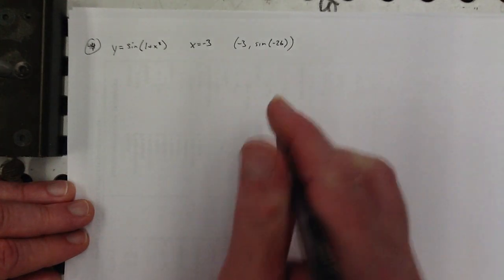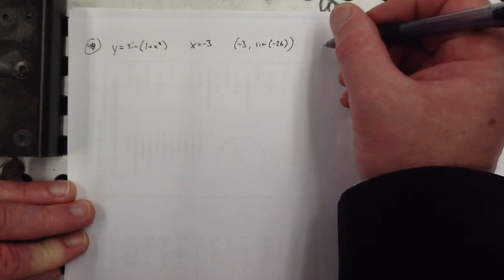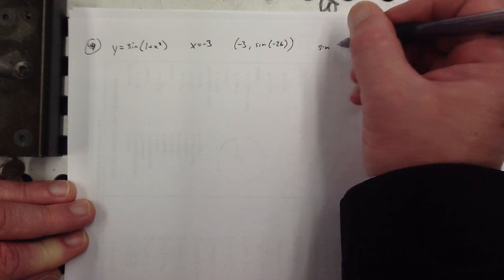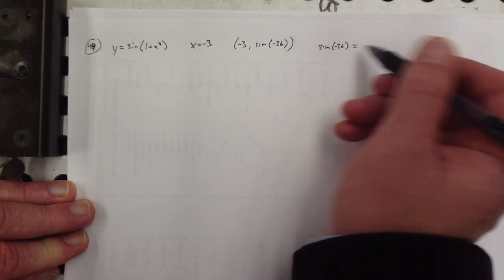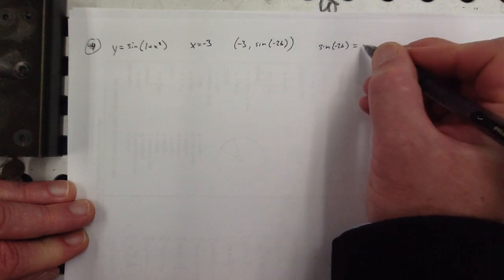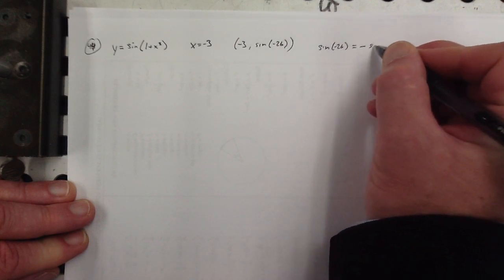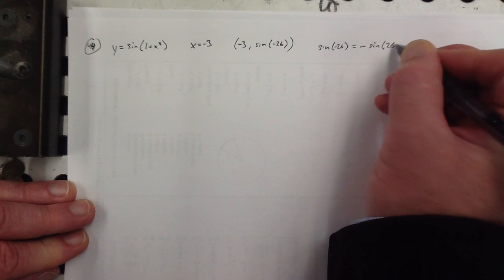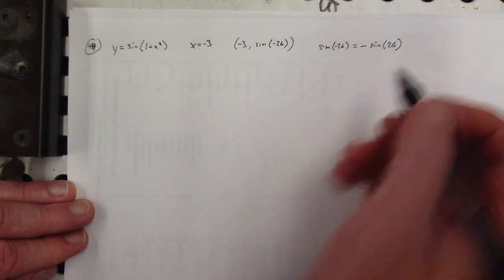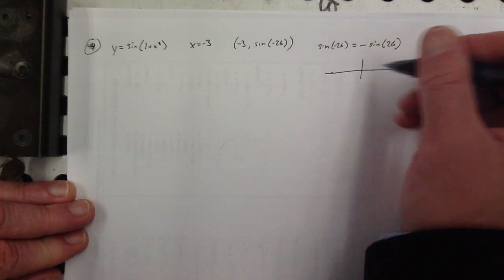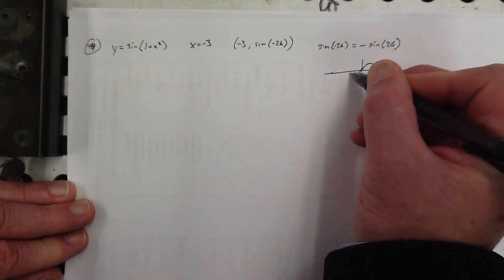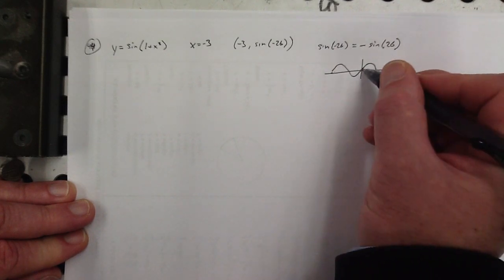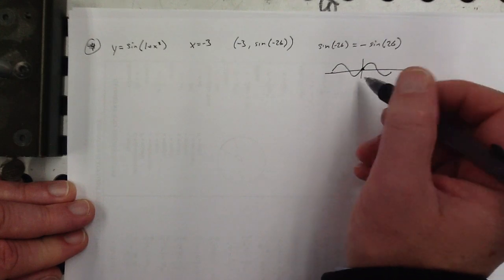And, you know, sine's an odd function, so I think in the book they decided to flex their trig knowledge here. If you have an odd function, the sine of -26 is the same as negative sine of positive 26. That's because the sine function is symmetric with respect to the origin, which means if you flipped it 180 degrees around the origin, you'd get the same thing.